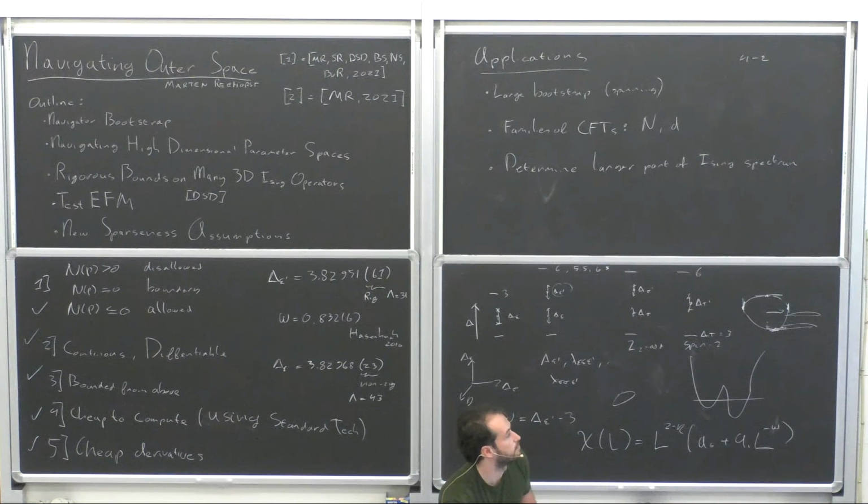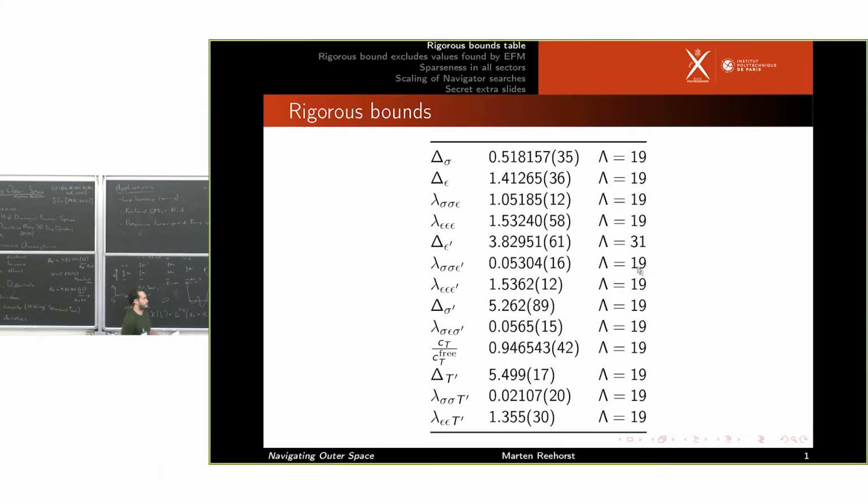Okay, so these are some bounds obtained, of which the first four were already known, but the other ones are all new rigorous bounds. There were either no rigorous bounds, or in some cases, like CT, there was only a rigorous lower bound.